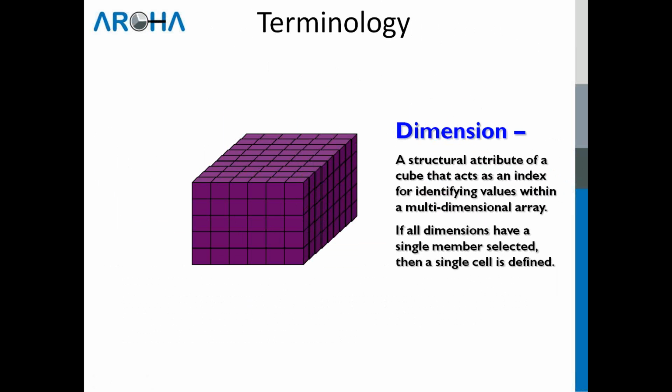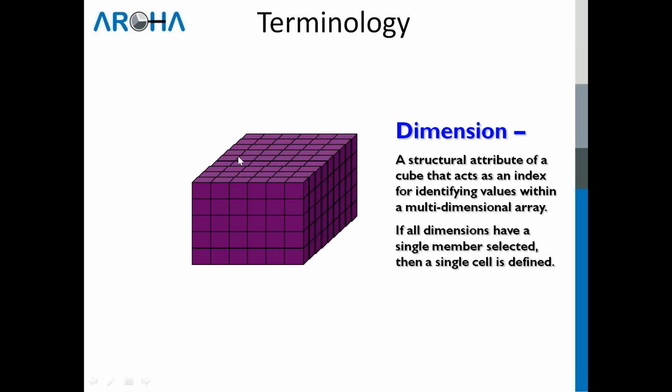Now, what is a dimension? It's a structural attribute of a cube that acts as an index for identifying values within a multidimensional array. Looking at this cube, one side can be your customer dimension, this can become your product dimension, and this side can become your time dimension.